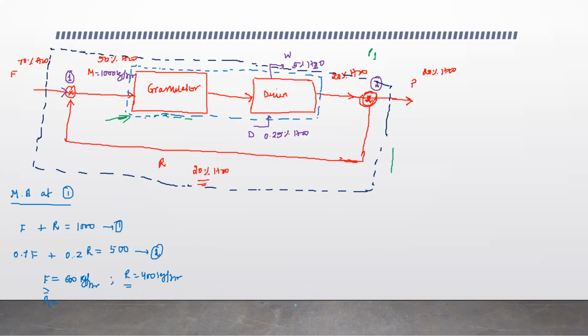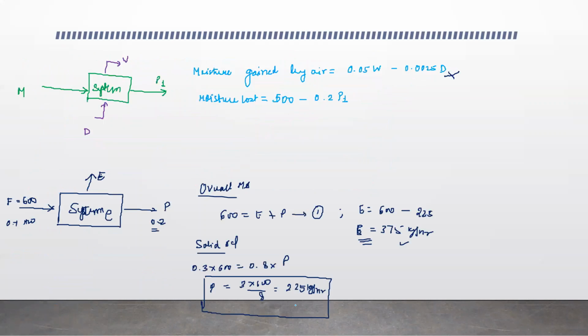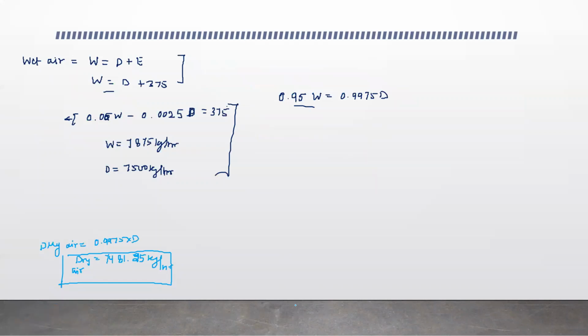We simply did material balance at 1 and calculated F and R. After that, we did an overall material balance to get P and the amount of water that is lost. Whatever amount of water is lost, the same is gained by air. Based on that, we did material balance for air and got the wet air out of the dryer and the dry air supplied to the dryer.